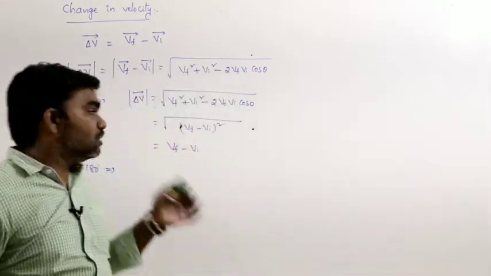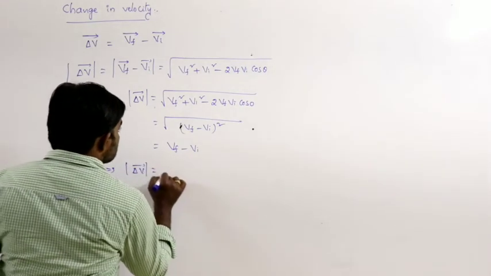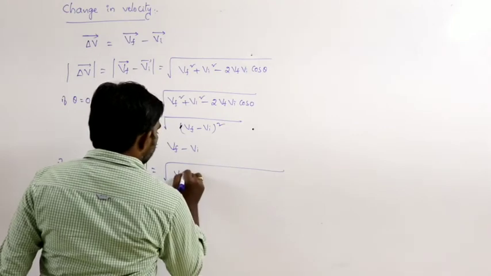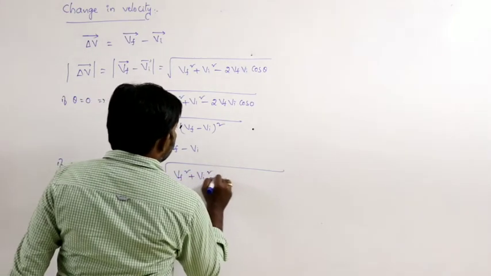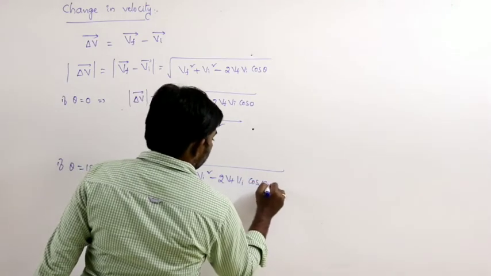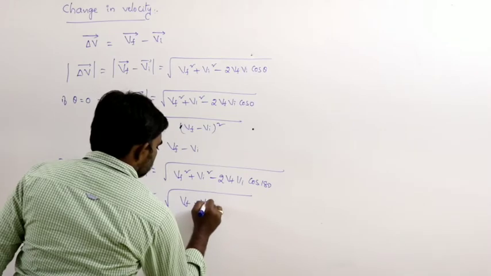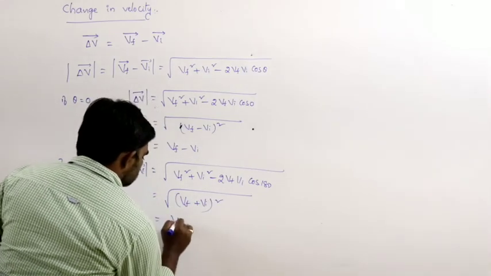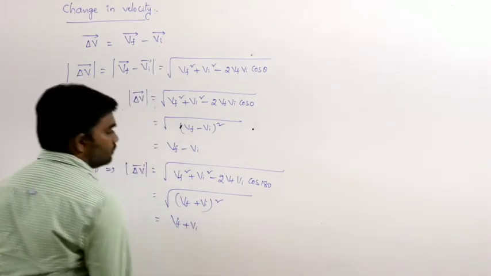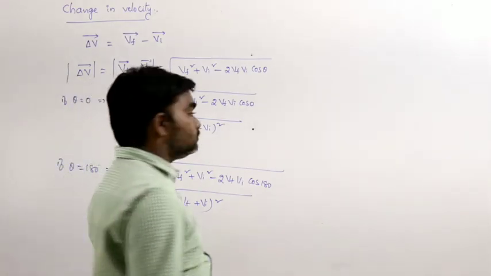In that situation, delta V bar equals under root Vf square plus Vi square minus 2 Vf Vi cos 180. Cos 180 is minus 1, so it is Vf plus Vi whole square, which equals Vf plus Vi. If it is 180 degrees, both are in opposite directions.